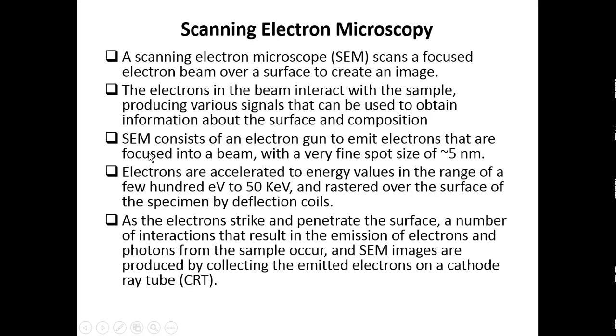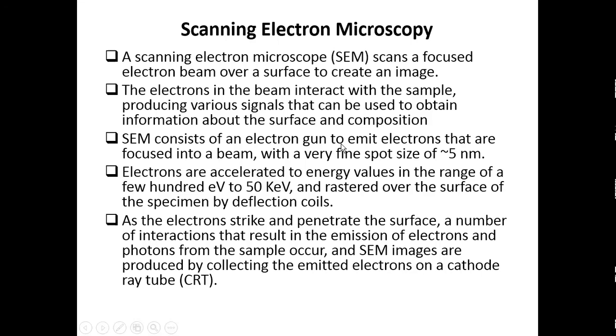Okay, the SEM consists of an electron gun to emit electrons that are focused into a beam with a very fine spot size of nearly 5 nanometers. So the SEM consists of an electron gun, that is the basic scanning tool, which produces the electron beam.